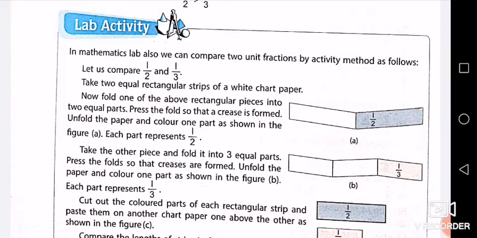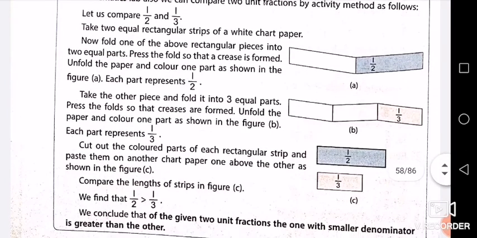Now you will cut out the 1 by 2 and 1 by 3 portions of both of these rectangular strips, and then keep them one below the other.